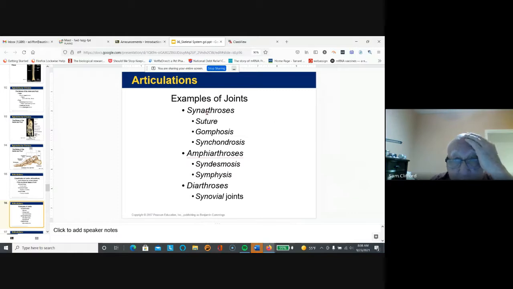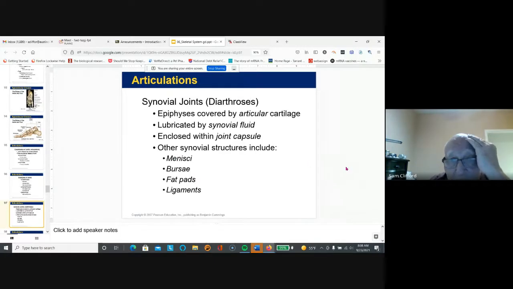So a synarthrosis, which is a very, very little movement, sutures where teeth are inserted into the jaw. We'll talk about what these various joints are, but you should know what a suture and a symphysis and a synchondrosis and this pubic symphysis are, and let's move on and give examples of these.